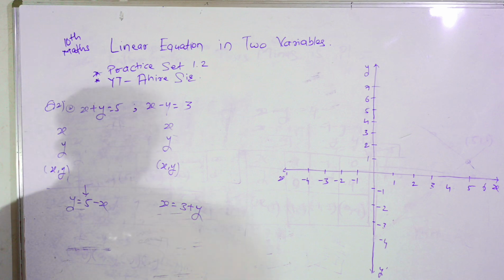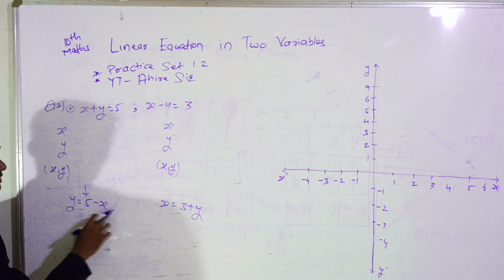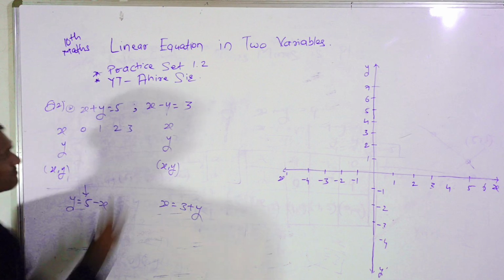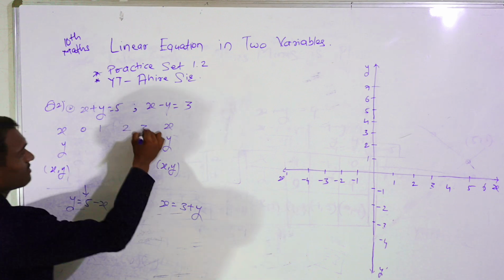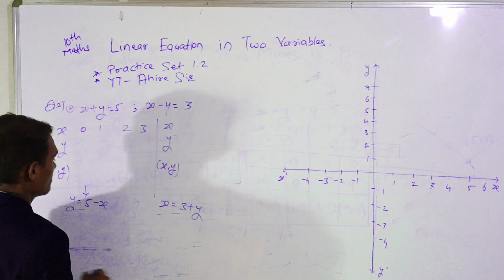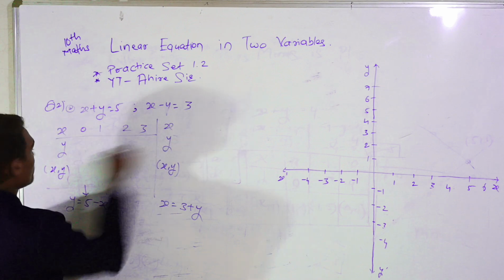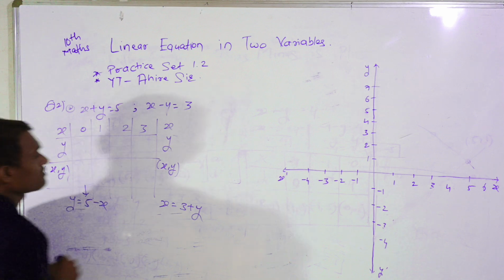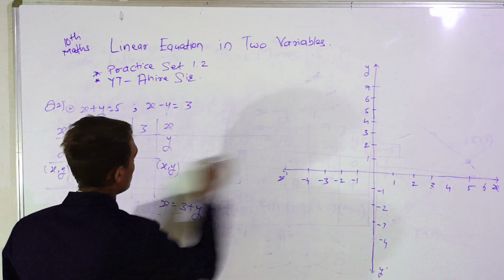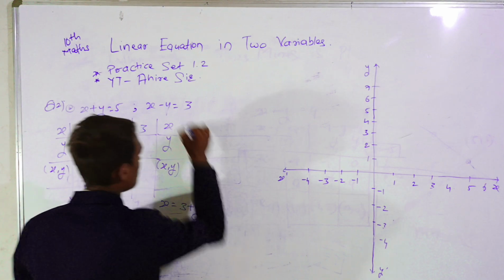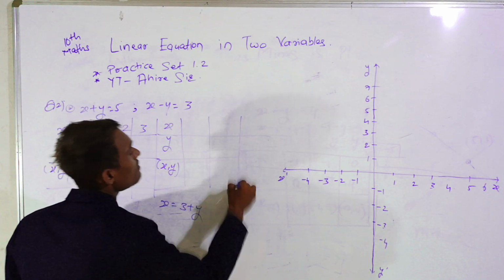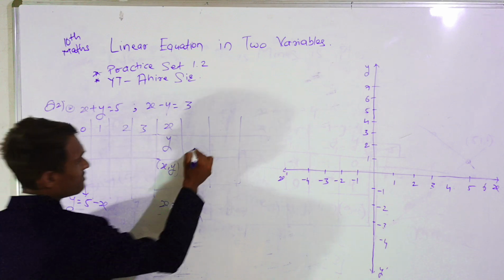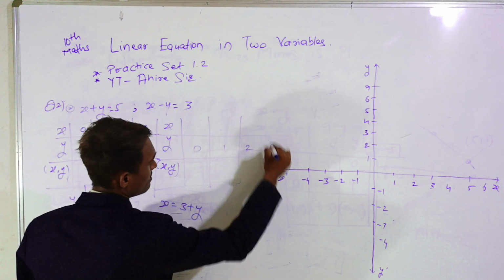What happens, we have to evaluate the values of y for x as 0, 1, 2 and 3, and it varies for y as 0, 1, 2 and 3.